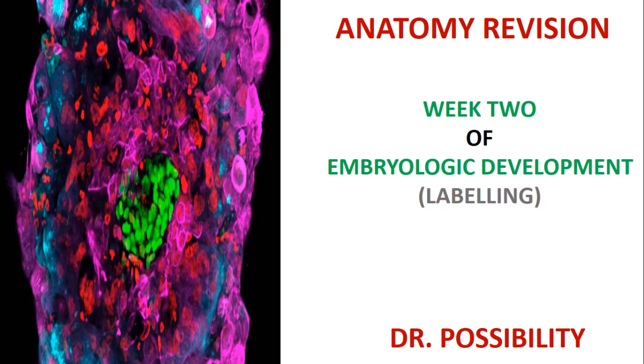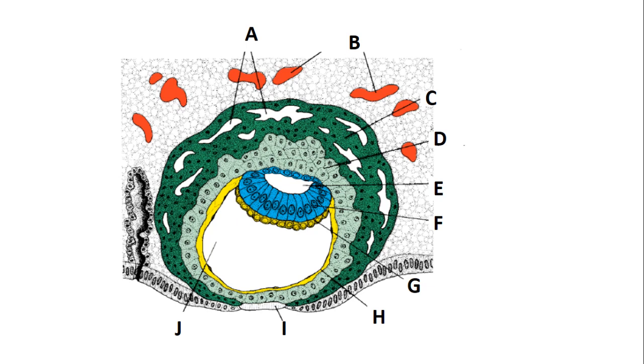So let's quickly get started and look at some diagrams that we can focus on. The first diagram we have been given is to label. A is simply the trophoblastic lacuna, and this normally takes place on day 9.